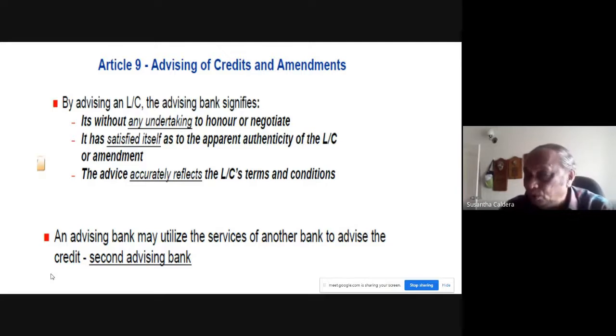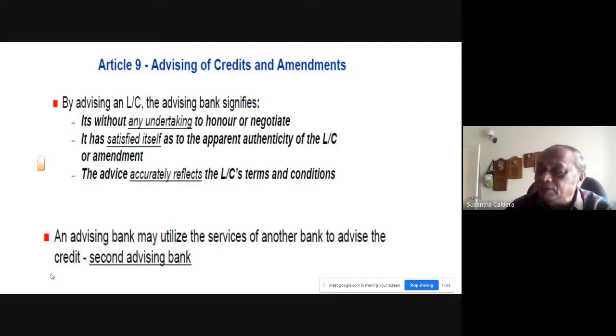So if it is Dubai, the customer is having his account with National Bank of Abu Dhabi. But we advise the LC to HSBC Abu Dhabi, because my bank is HSBC here, the issuing bank.